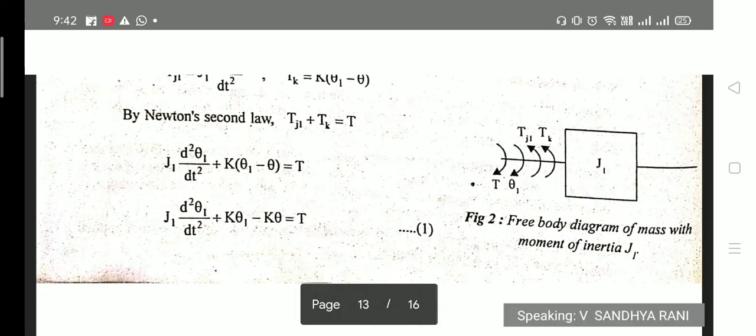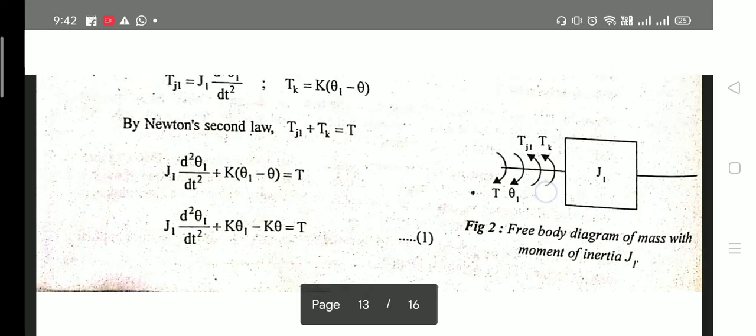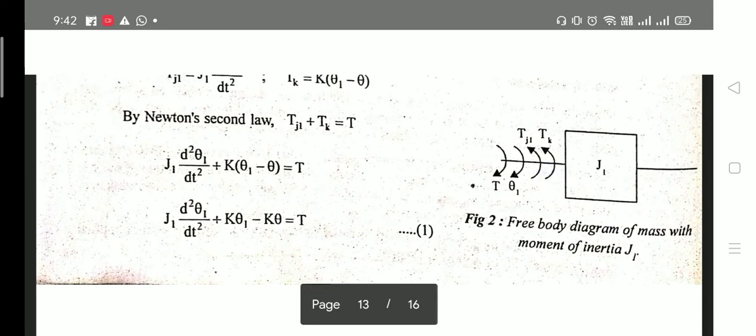Here T and theta 1 are in the same direction, but the remaining elements will be in the upward direction. The direction of the arrow mark is important here. The input and output will be in the same direction, and the remaining elements in the upward direction.